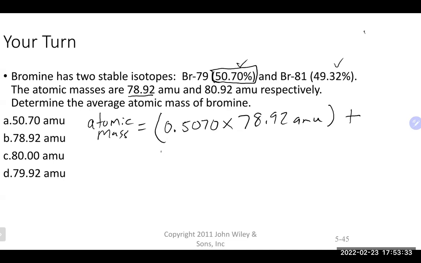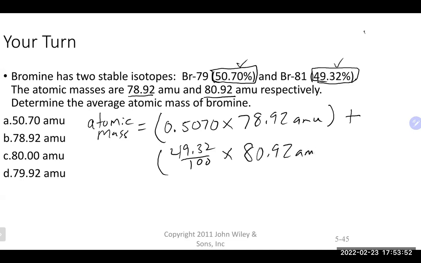And we're going to do the same thing for our other percentage. Again, if you don't want to move the decimal, you can divide it by 100, and that will move the decimal for you. And we'll multiply it by the atomic mass of the other isotope, which is 80.92 AMU.